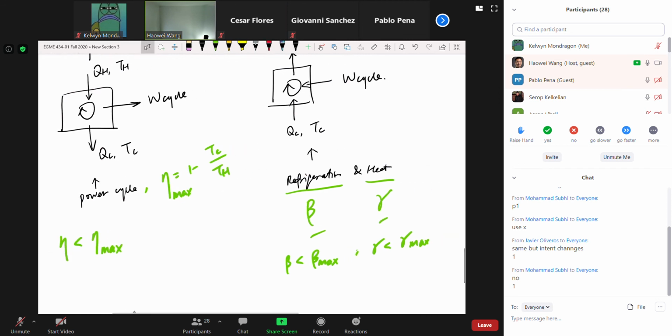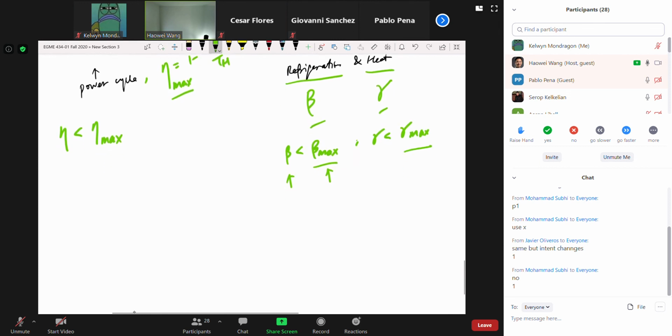Okay, so how do you calculate each beta max, gamma max, and eta max? You have to be able to find them from your notes. Let's say one practice we did was, I have a new design of a refrigerator, and what I ask you is to calculate beta max, calculate beta, and then do a comparison.